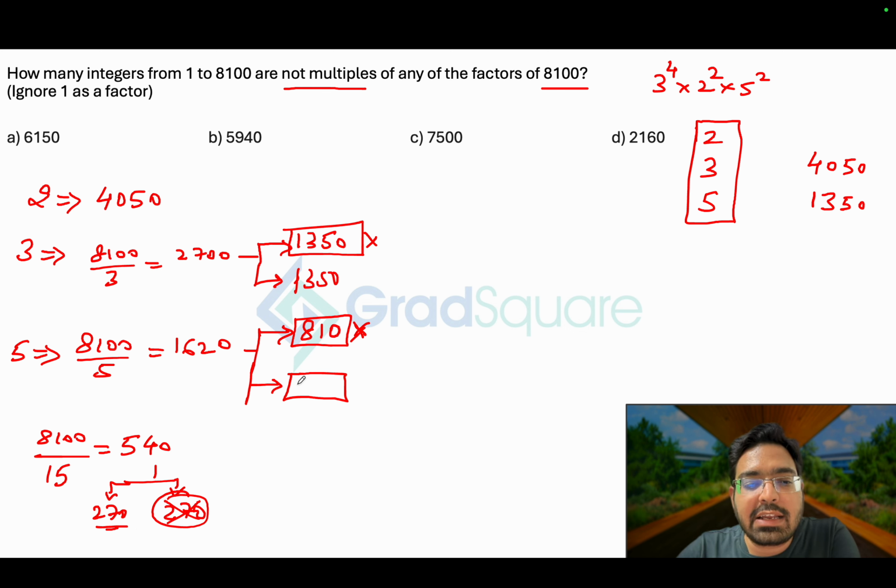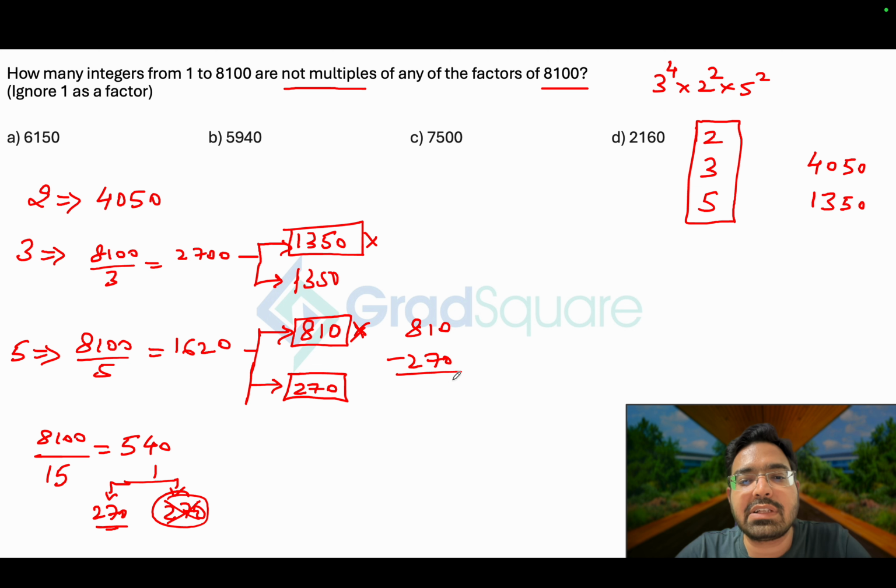So you are left with what? 270 multiples that you need to further remove, correct? So out of these 810 multiples which were left over, after the even numbers have been removed, out of that also 270 multiples need to be removed, which were the multiples of 15. So you remove 270 from here.